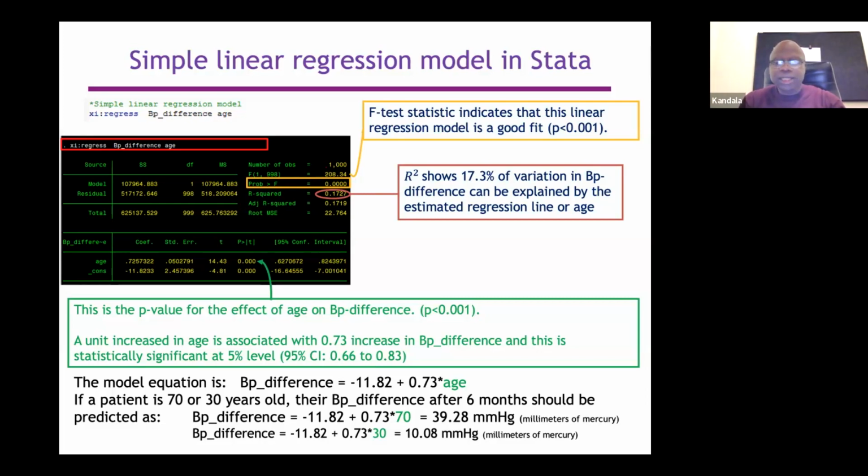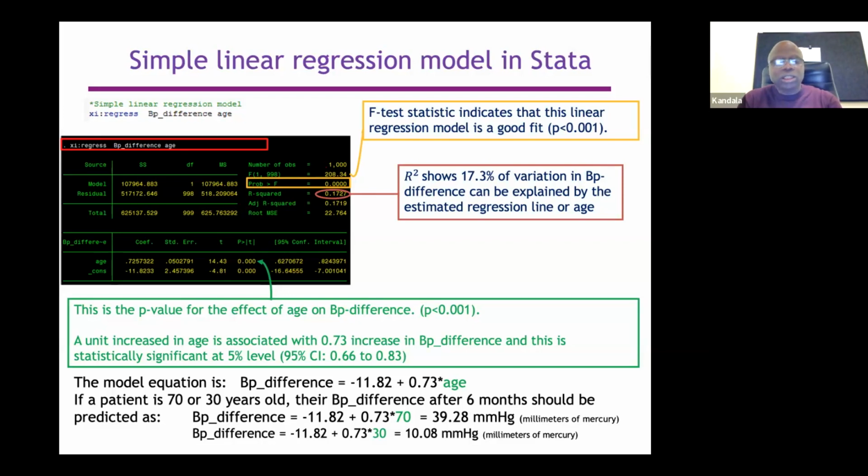I indicated that this is correct, and we need to find out what else can explain the difference in blood pressure apart from age. This is why we need to introduce the concept of multiple regression analysis.